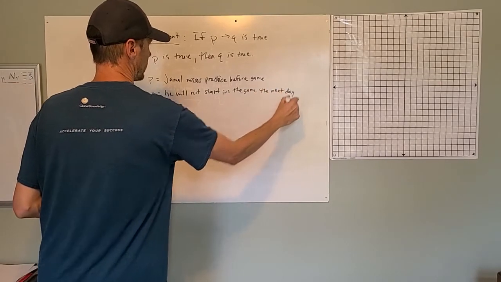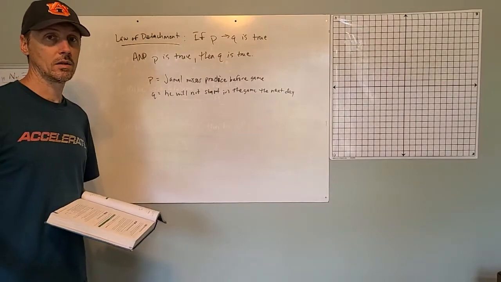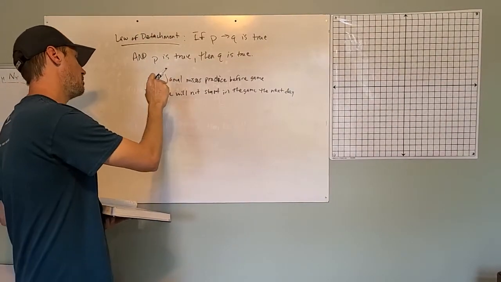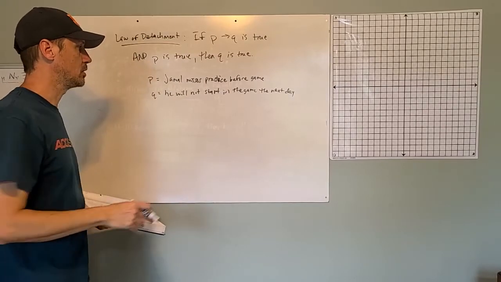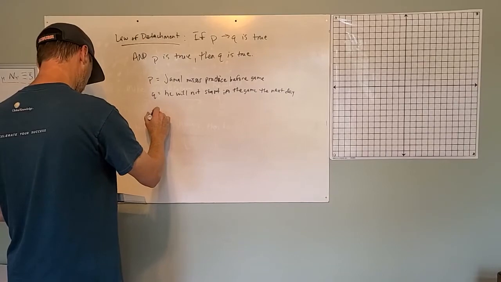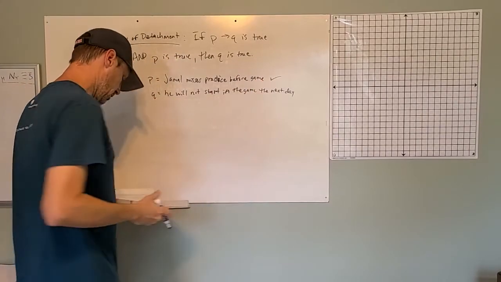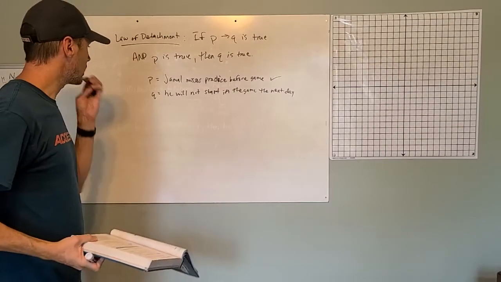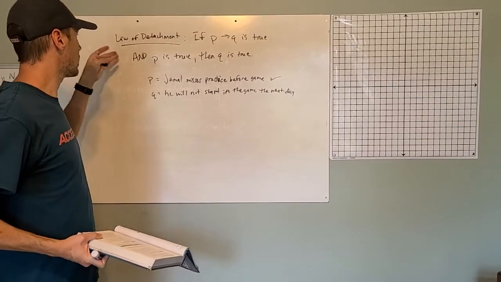What they tell us is that this is the true statement overall: if he misses a practice before the game, he will not be able to start in the game the next day. And then they tell us that P is true because Jamal missed the practice on Tuesday. So he concludes he won't be able to start the game on Wednesday. All right, so that's the law of detachment.